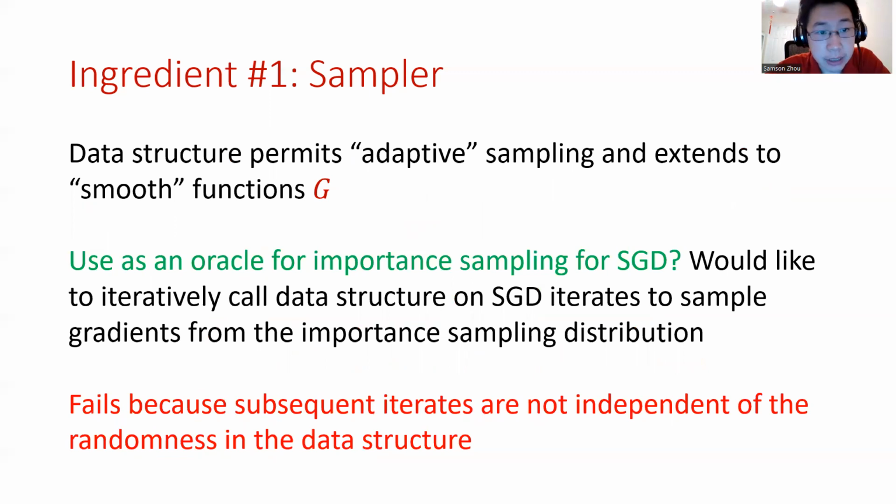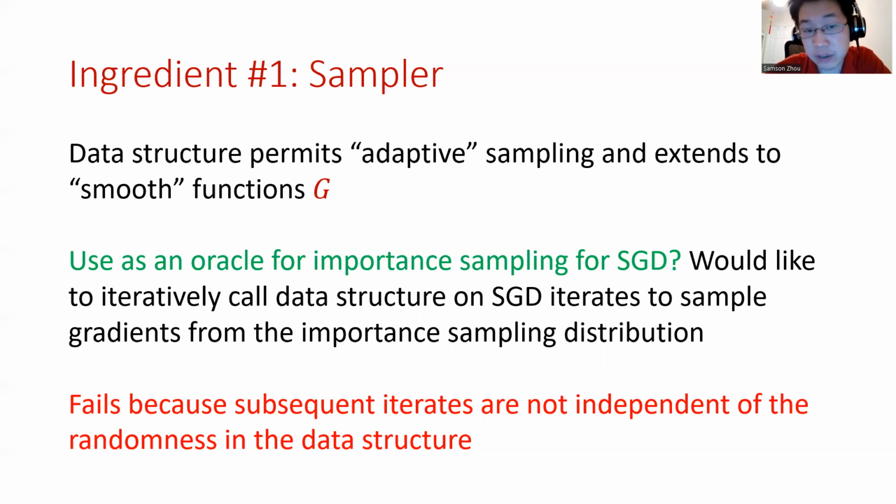And in fact, this data structure should permit adaptive sampling, meaning that the data structure should be built while it's processing A, but then the query vector X should be able to arrive after this data structure is built, and then the data structure can still output this vector V with the correct distribution. And it should extend to what we call a smooth function G, so it doesn't just handle this vector AI that I mentioned before, but it should handle generalizations.